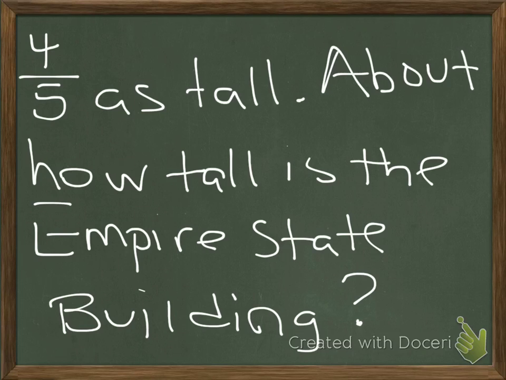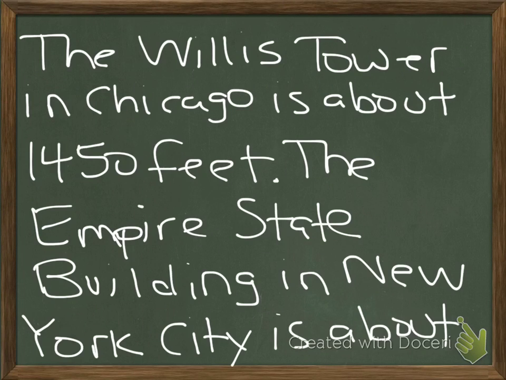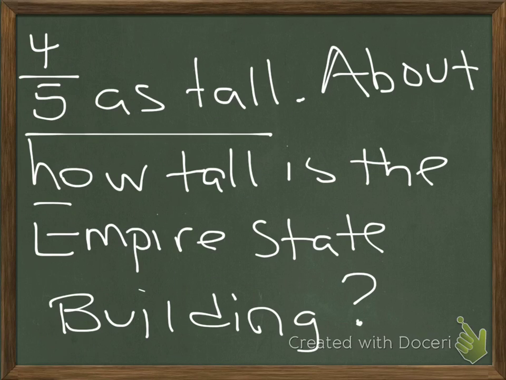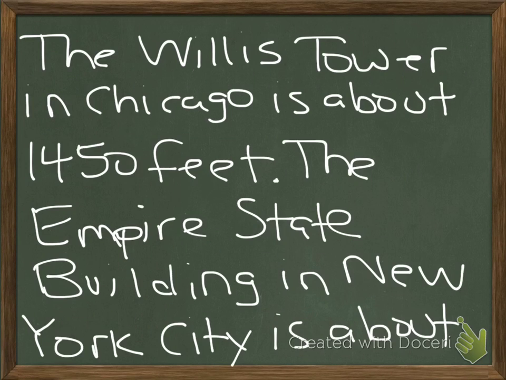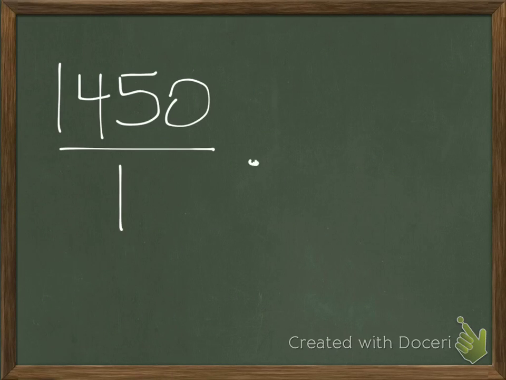We have 2 rational numbers given to us. And then we also look at the fact that it says as tall. That's going to be an indication of multiplication as well. So 4/5 is going to be times 1,450. And again, we put that over 1 when it's a whole number.